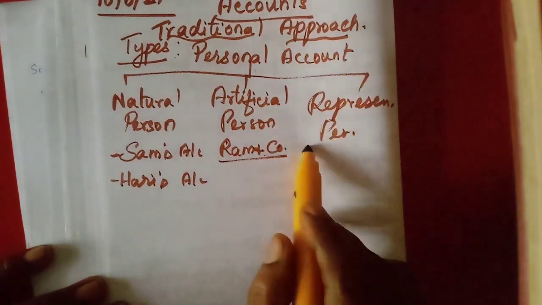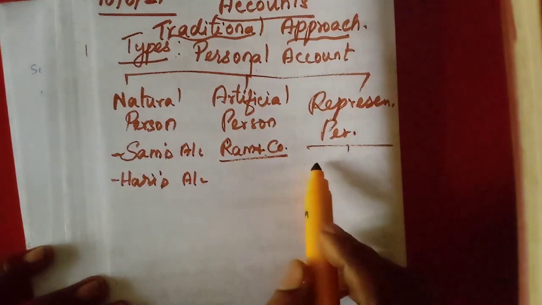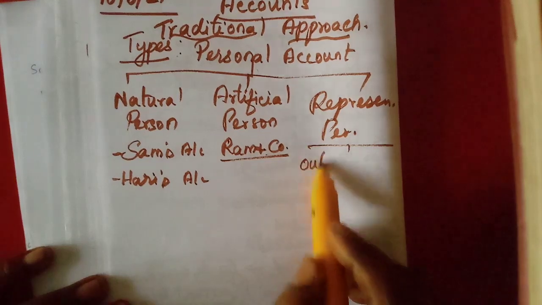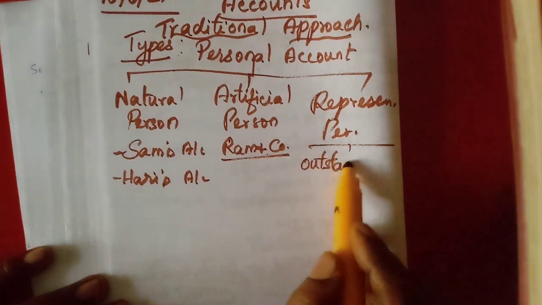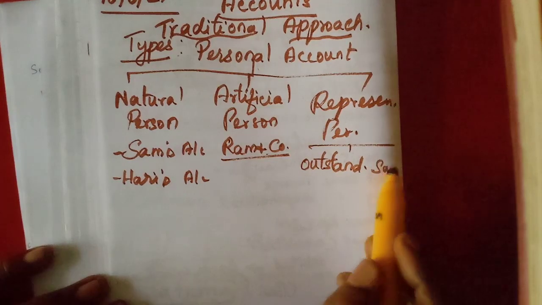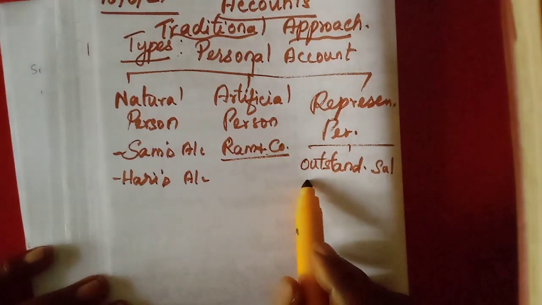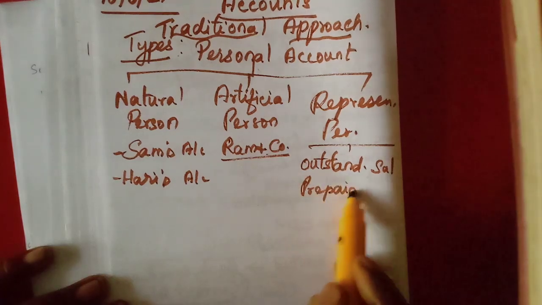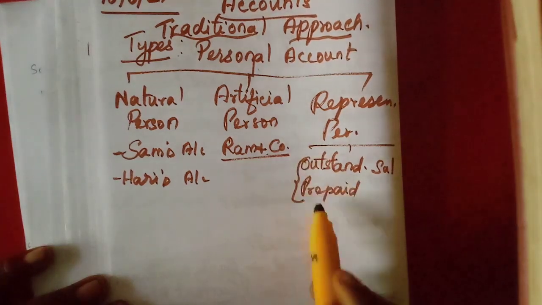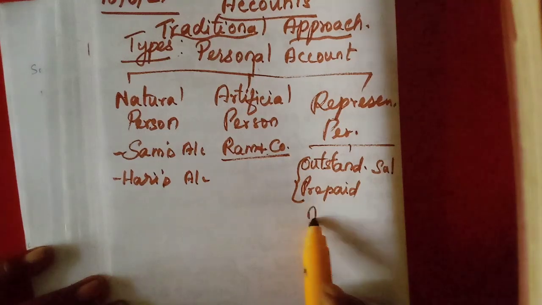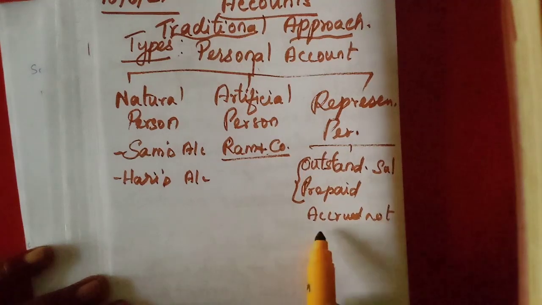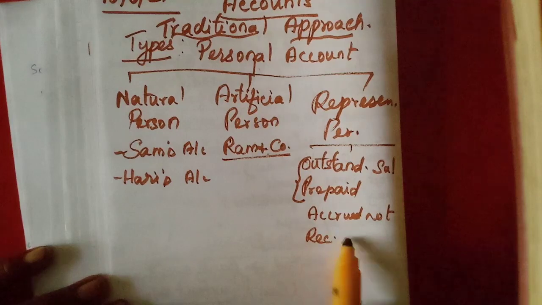Then representative personal account. Here we will first learn the examples: outstanding salary, outstanding rent, insurance premium, prepaid expenses and outstanding expenses, then income accrued but not received, or income received in advance.